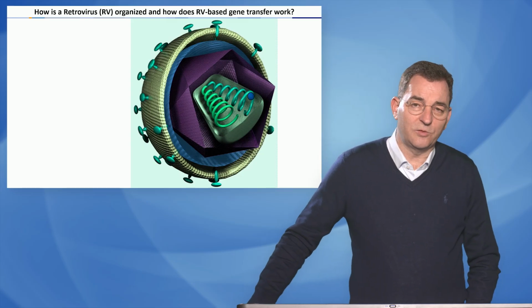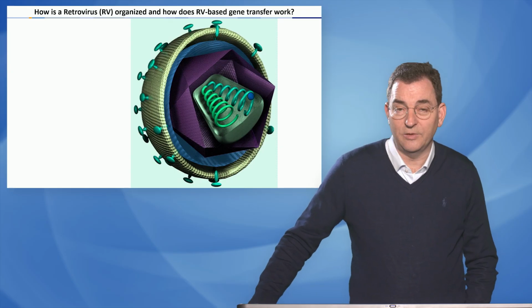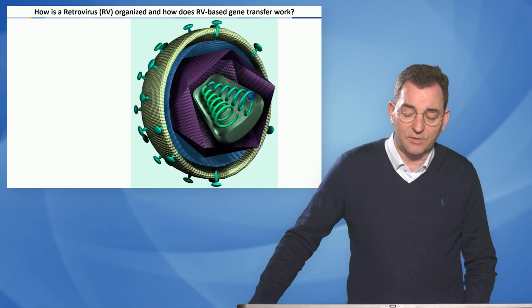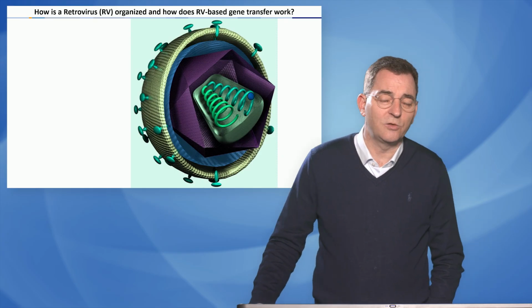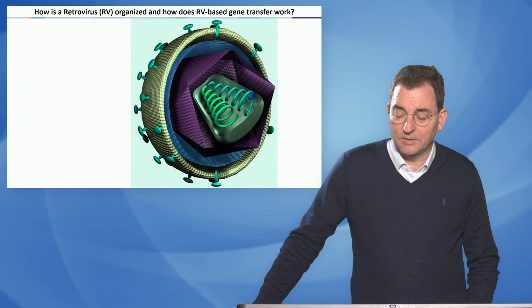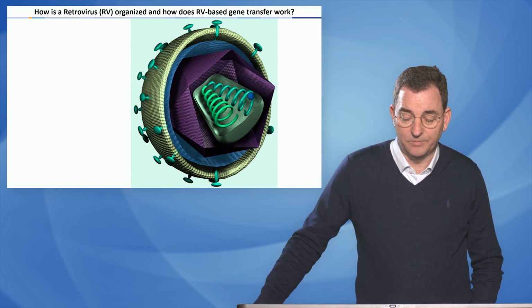Because the retroviral vectors are the most commonly used ones and very effective, we have to go stepwise through the replication and take a closer look at how the particles are formed to be able to construct these gene therapy vectors.